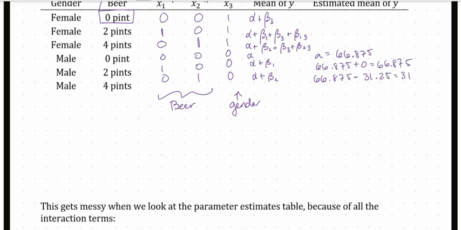And that gives me an estimated sample mean attractiveness of 31.625. On average, in this sample, males who drank 4 pints talk to people with a perceived attractiveness of 31.625. That is, males who drank 4 pints talk to people with a perceived attractiveness 31.25 points lower than those who drank only 0 pints. That is, who drank no beer.